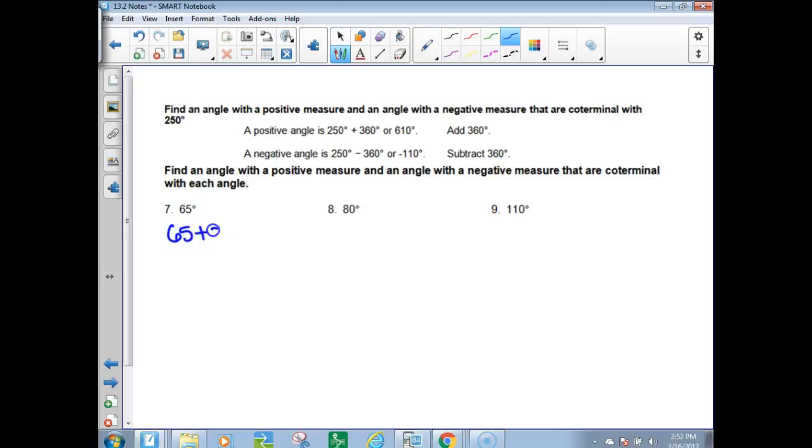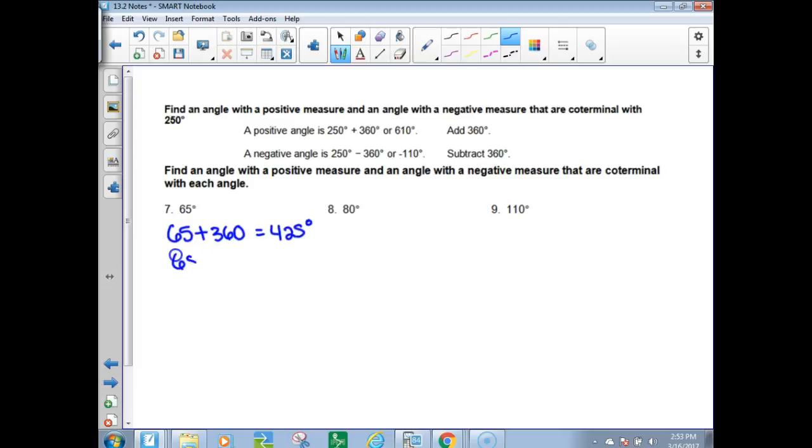65 plus 360 would be the easiest ones. I don't want you guys to keep on adding and give me these ginormous numbers that I have to check. Just give me the close ones, right? So 65 plus 360 would be 425 degrees.